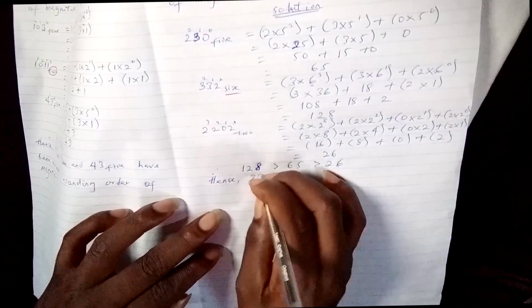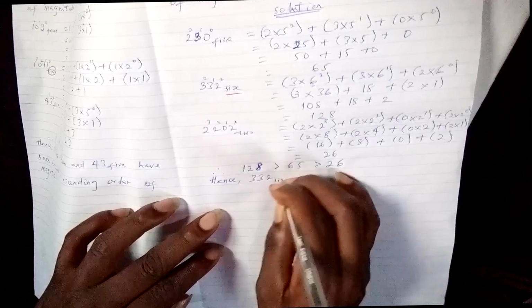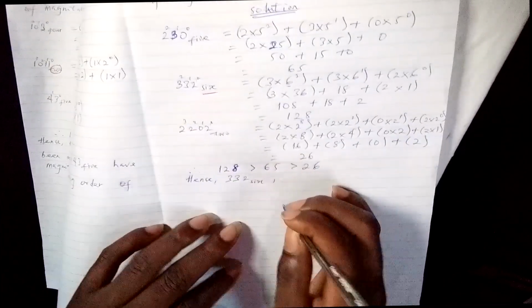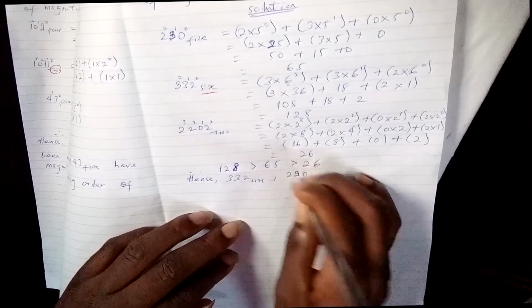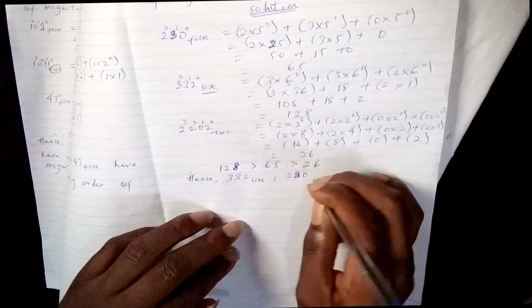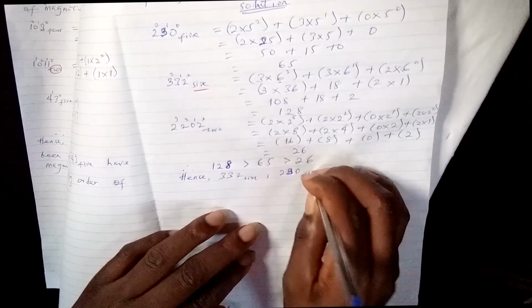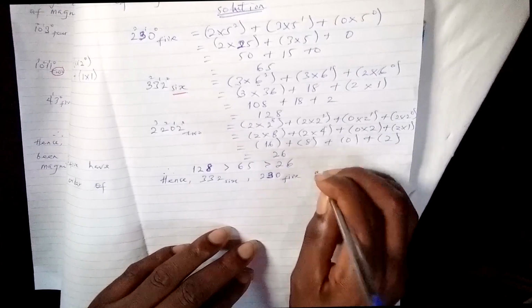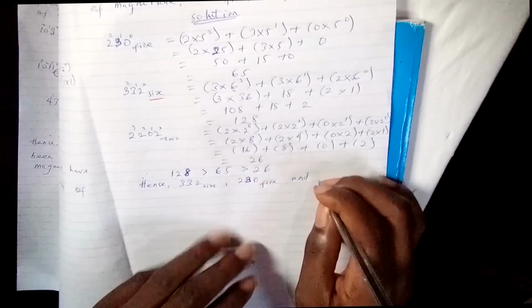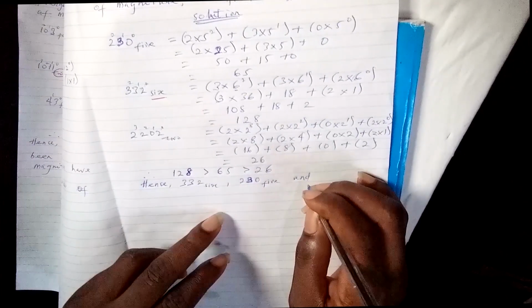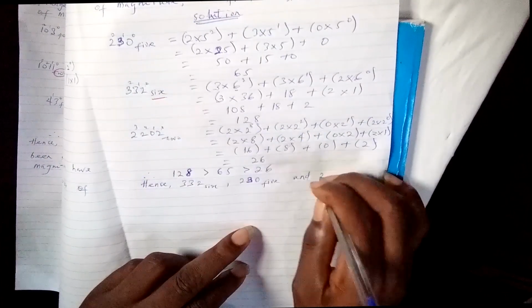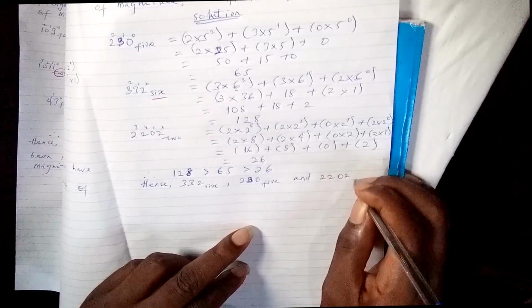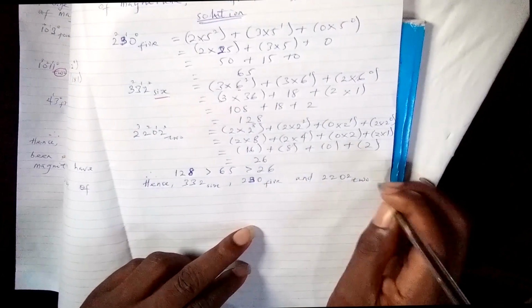Now 332 base 6. We use comma. Then 65 is equivalent to 230 base 5. Then you can say, and the one with the lowest number is 26. 26 is equivalent to 2202 base 2.